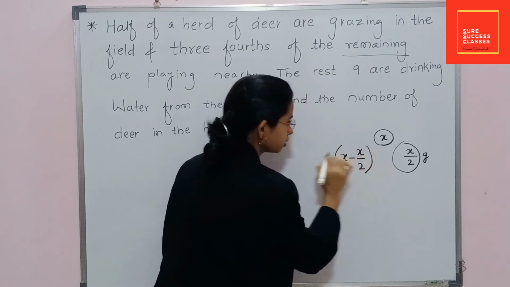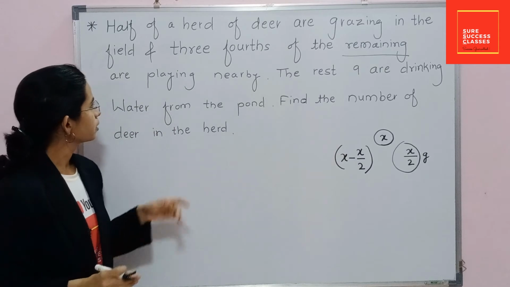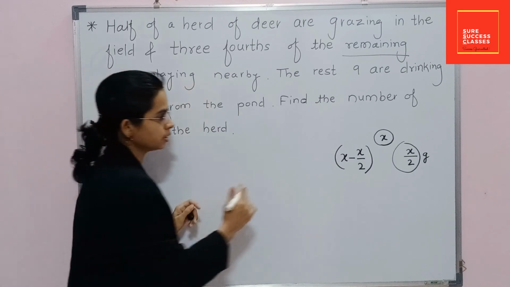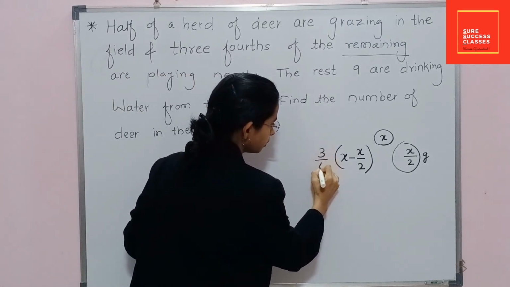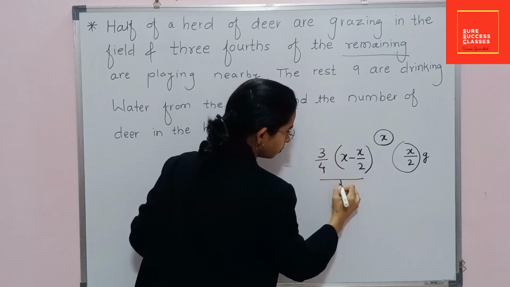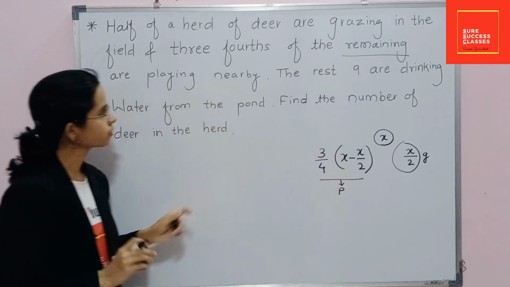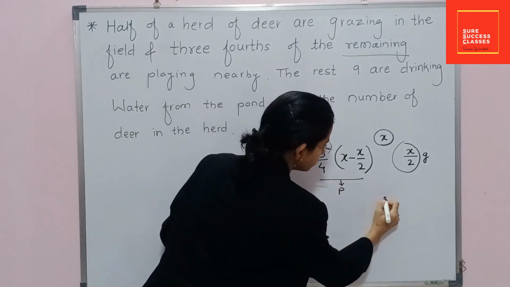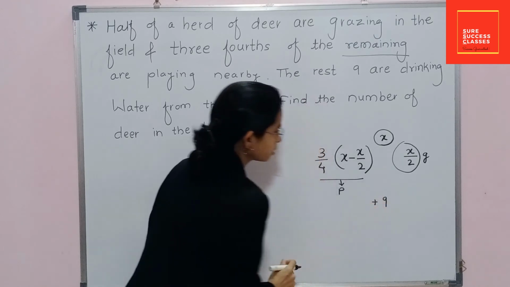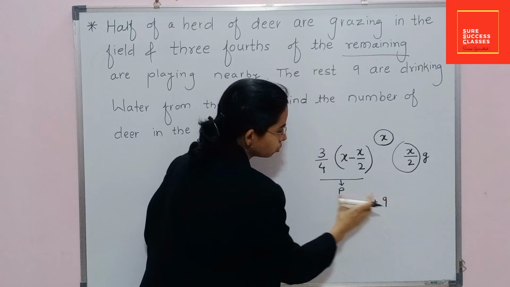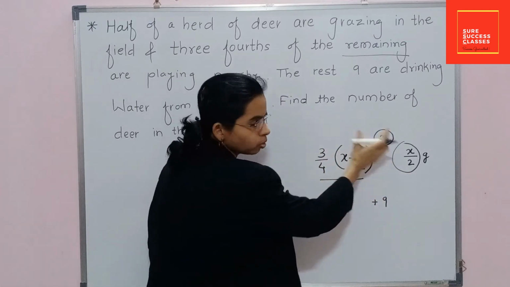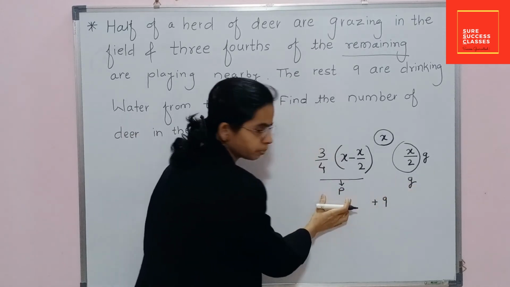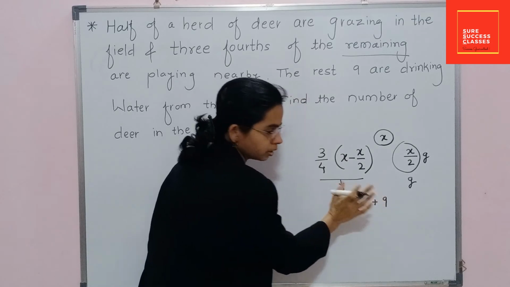So we will get here remaining deer. 3/4 of remaining are playing nearby, means 3 by 4th, these deer are playing nearby. The rest 9 are drinking water. We will write here 9, means if we add these 3 groups of deer, then we will get total number of deer. These are grazing, these are playing nearby, and remaining are drinking.